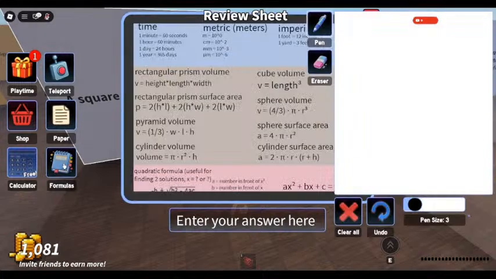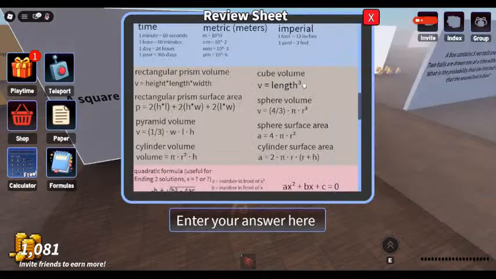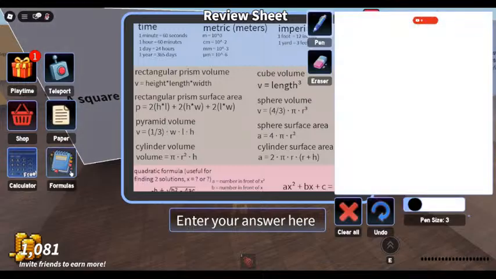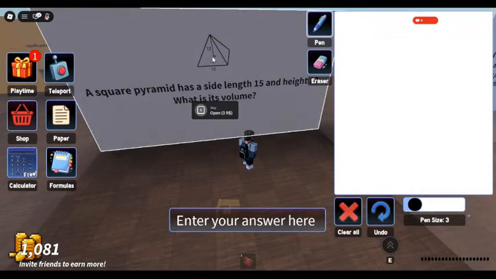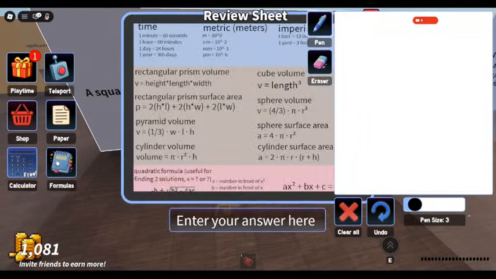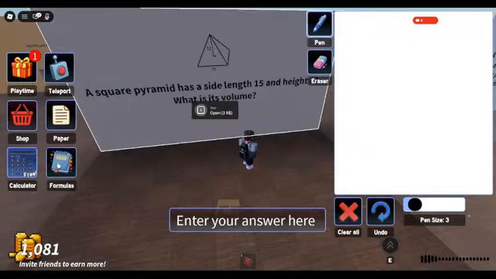Forgot the prism. Let's see, yeah, pyramid. 1/3 width, length, height.